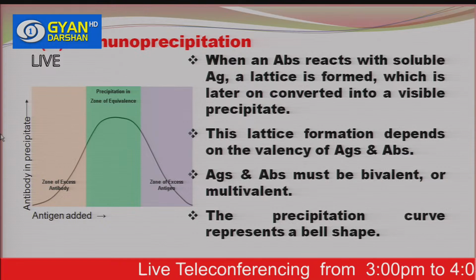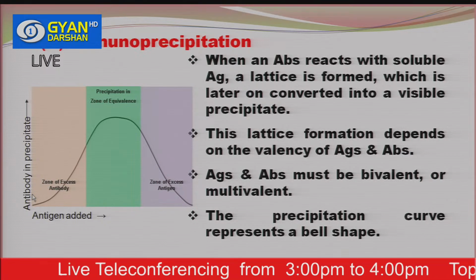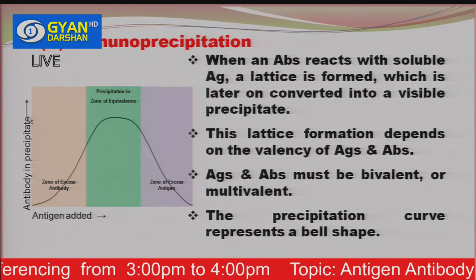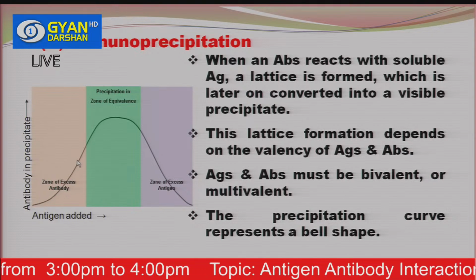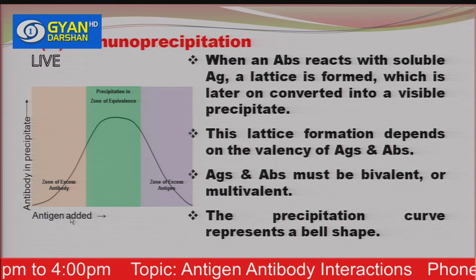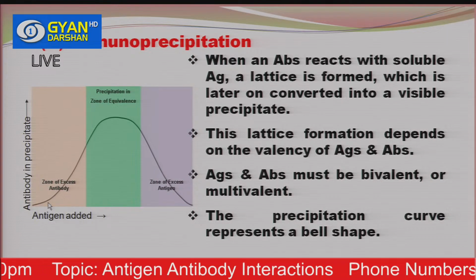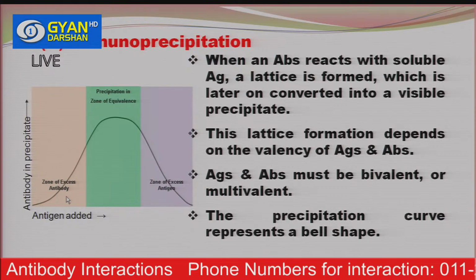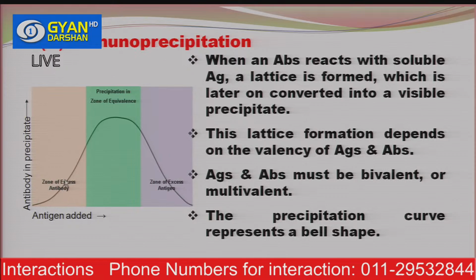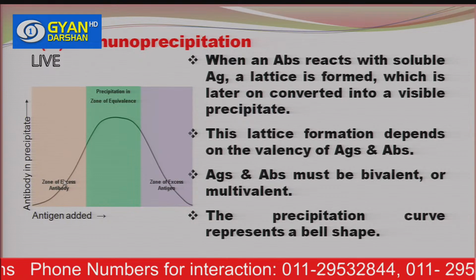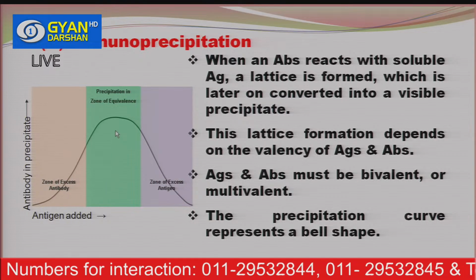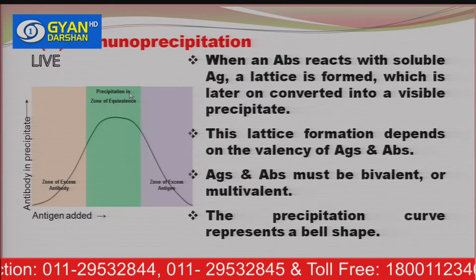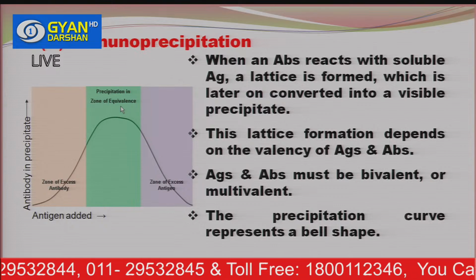You can see this curve. Here is the antibody in precipitation, and here is the increase of precipitation. Here is the antigen added. If antigen is added, the precipitation will start. Here is the zone of excess of antibodies, where there are very few reactions. Here the antigen and antibody are equal; you can say that is the precipitation in the zone of equivalence.